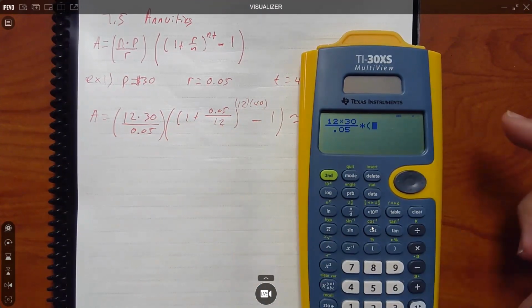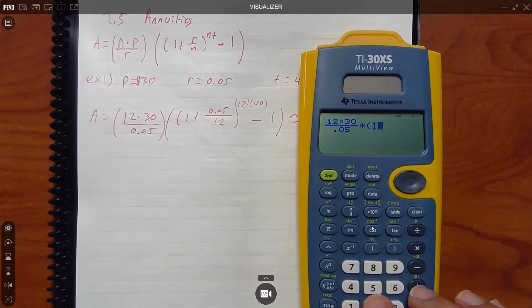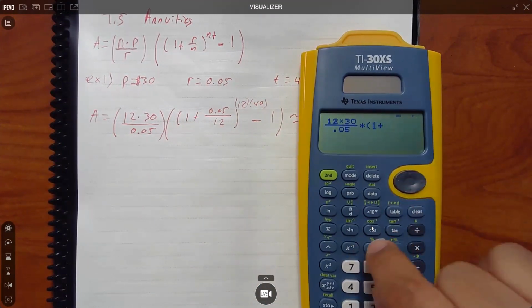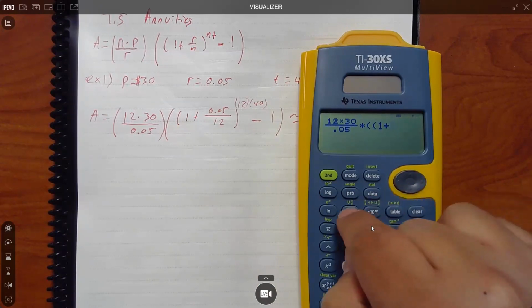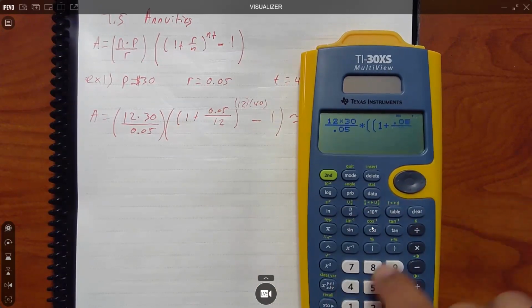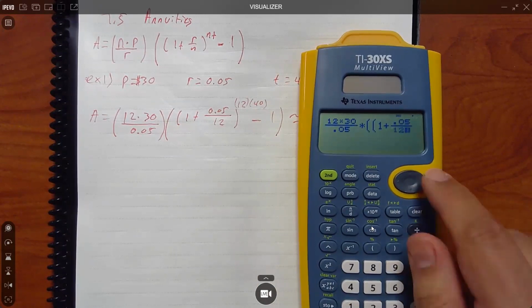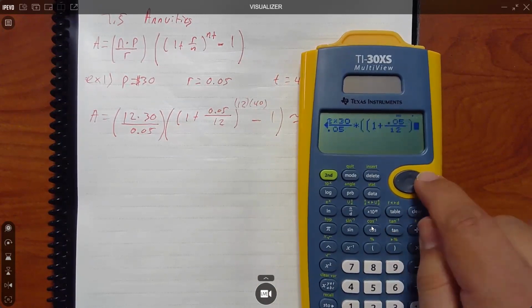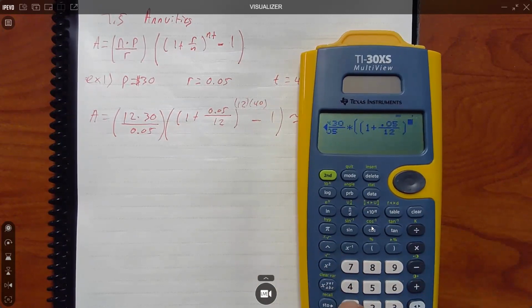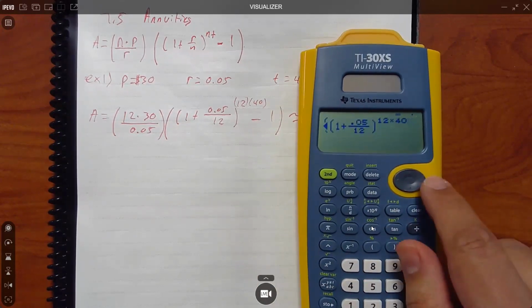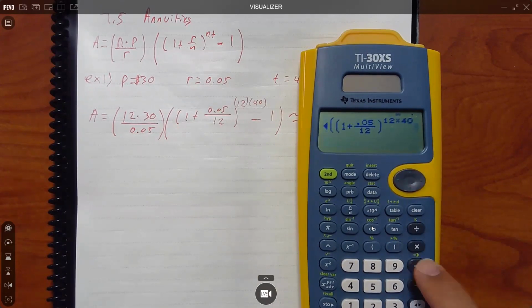I want to put it on the next one because there is no fraction here. 1 plus, well, actually, we should put 2 sets. 1 plus a fraction of 0.05 divided by 12, raised to 12 times 40. And then outside that whole thing, you do minus 1 and close the parentheses.